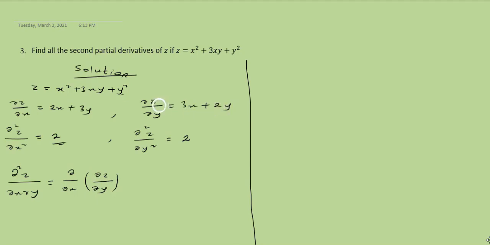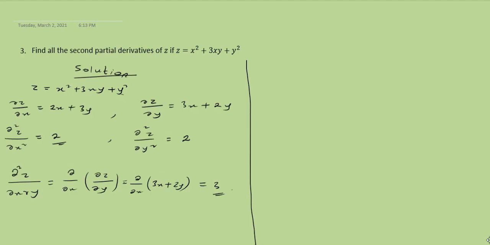Now this is dz dy, 3x plus 2y. Differentiate it with respect to x. What this one is trying to say is that what is in this bracket, differentiate it with respect to x, the answer will be 3.